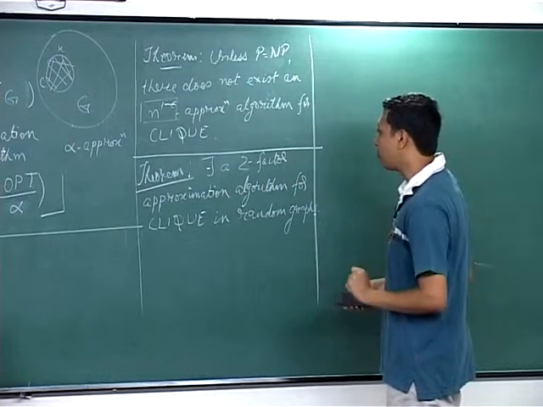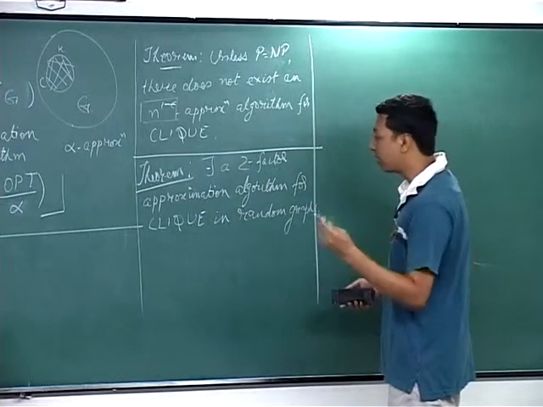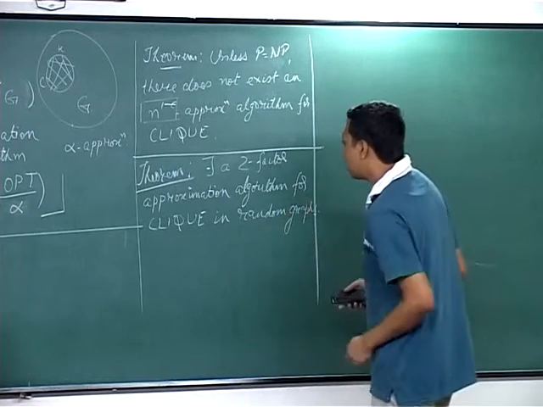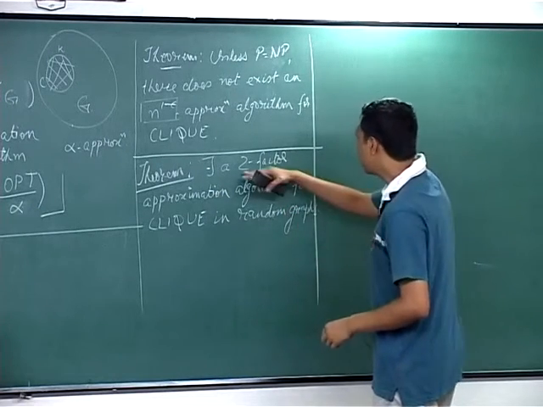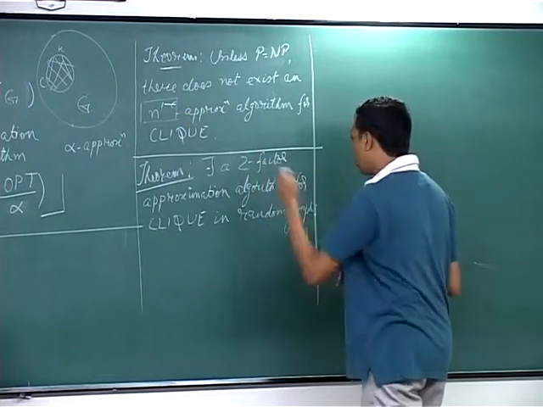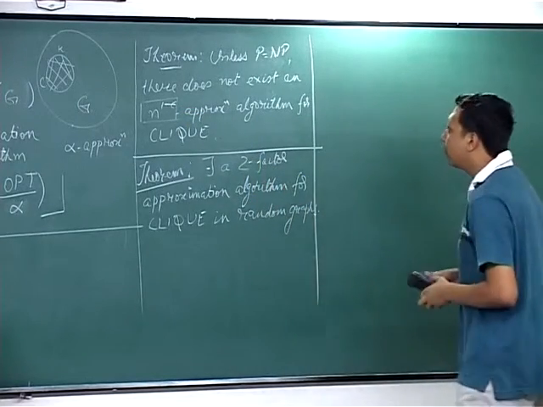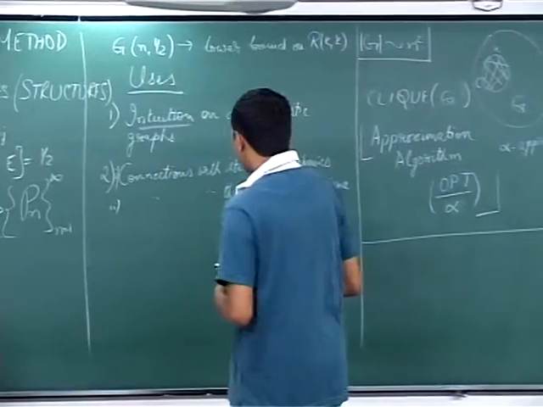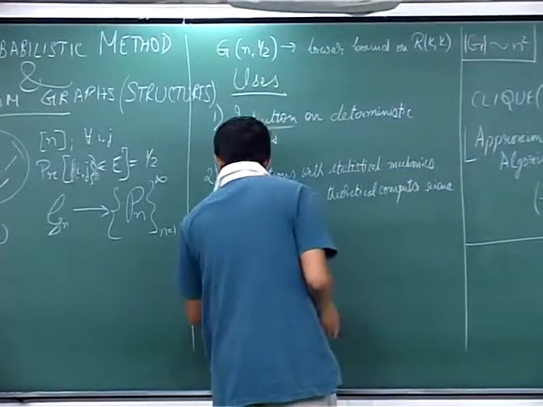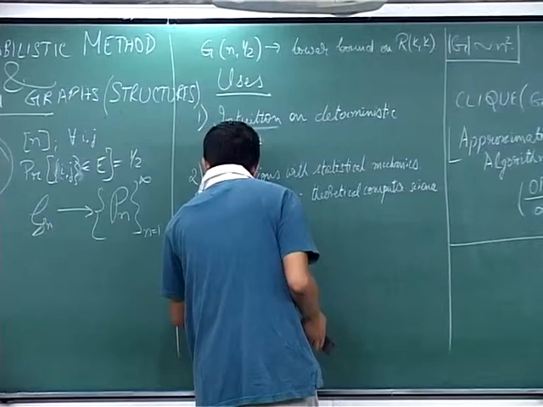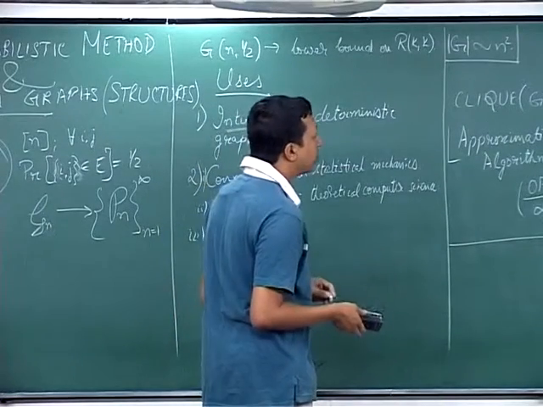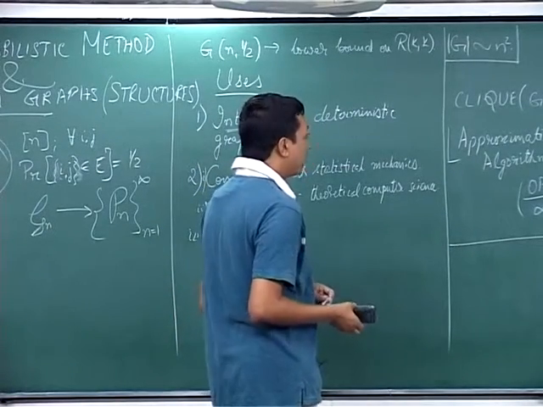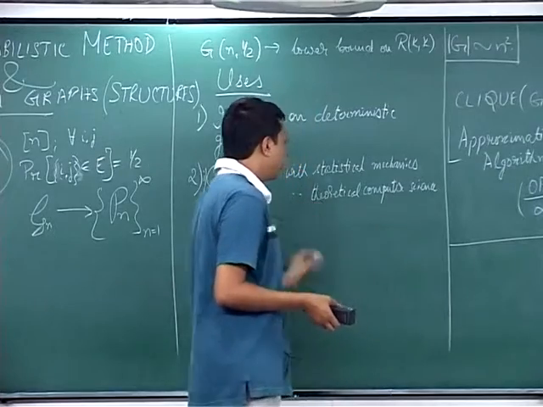So 2 minus epsilon may be very hard to get, but at least 2, that's a whole lot better than n to the 1 minus epsilon. Okay. So there are connections with theoretical computer science, and I think I gave 2 of those connections at least. There are many other connections.